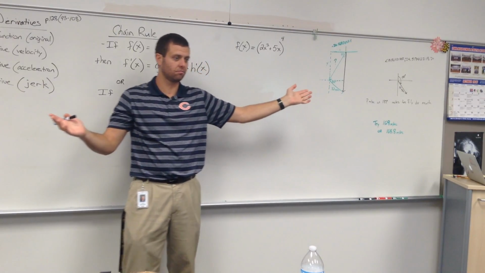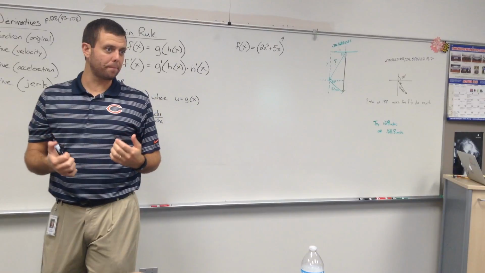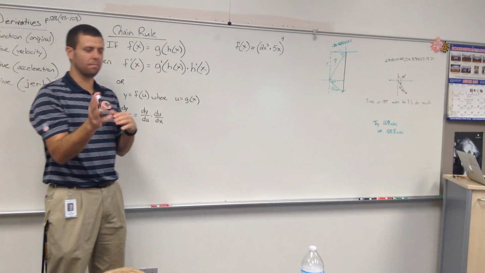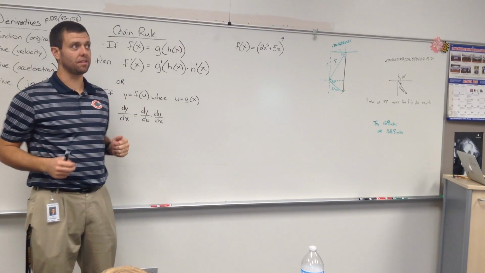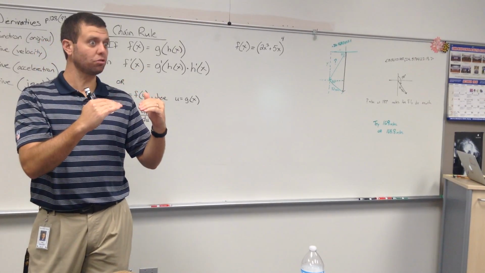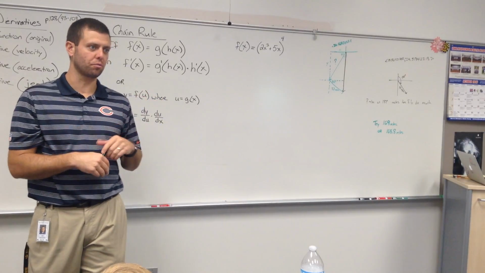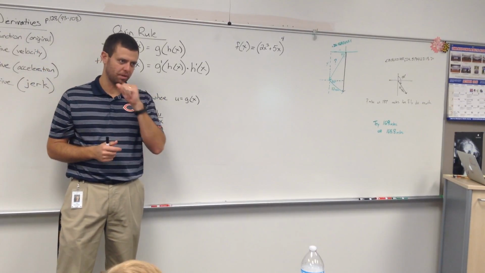You'd get the right answer, but it would take a lot of time. If it's negative, you could make it into a quotient eventually and use the quotient rule. But you're going to like the chain rule so much better.